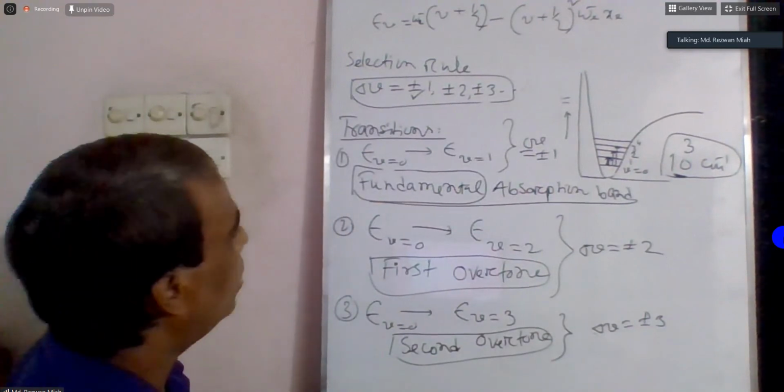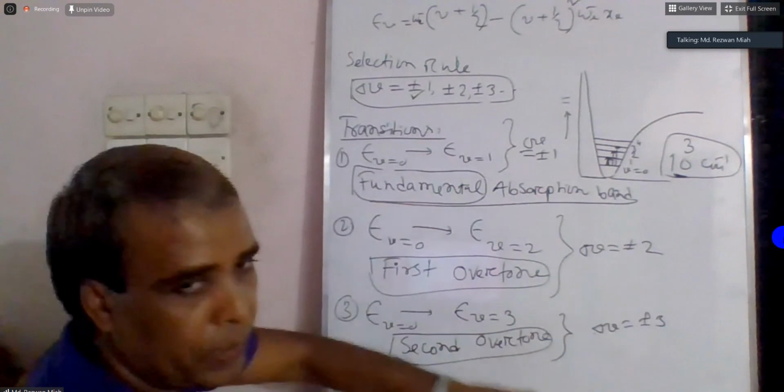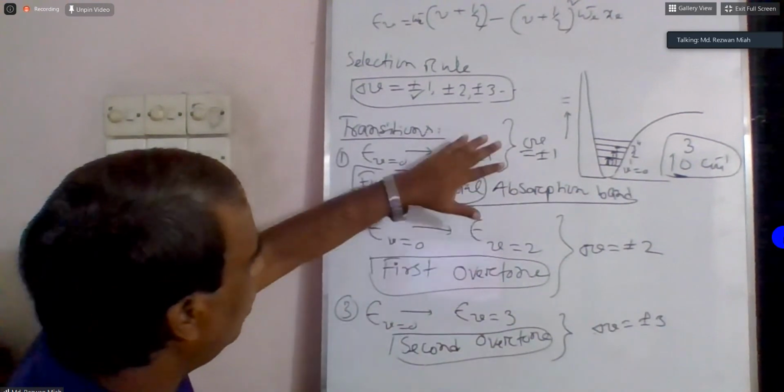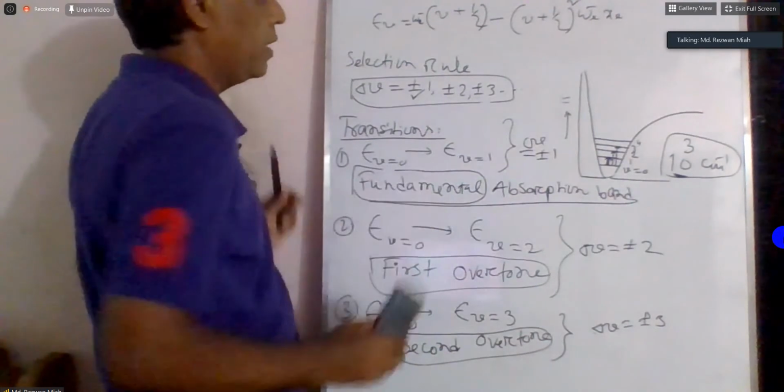Now you have to calculate the absorption wave number or absorption frequency of all these three transitions. Okay, let's start with the fundamental one.